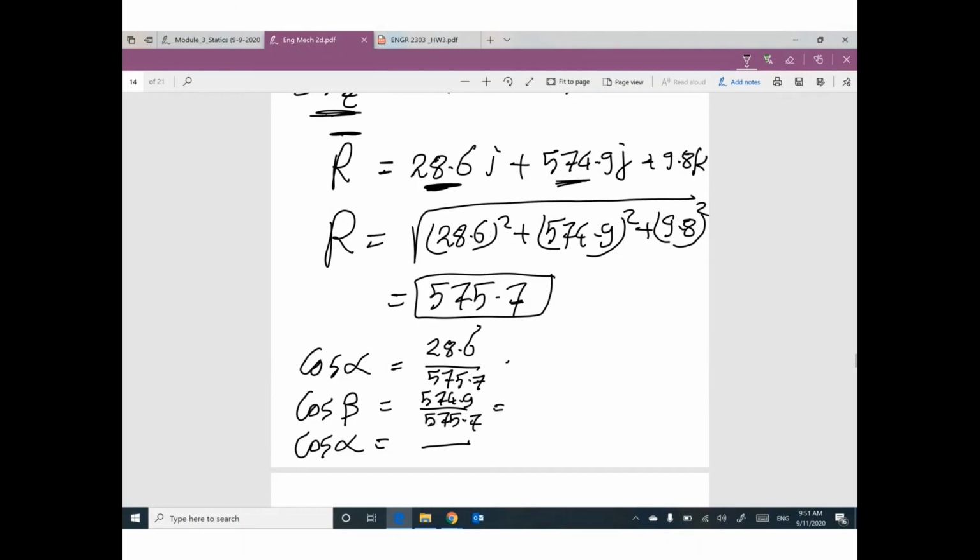The Z component divided by this force gives cosine gamma. Once you get cosine alpha, cosine beta, cosine gamma, with inverse cosine, I can get alpha, beta, gamma for R.